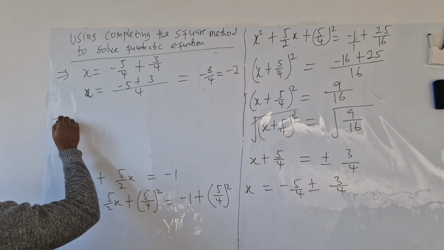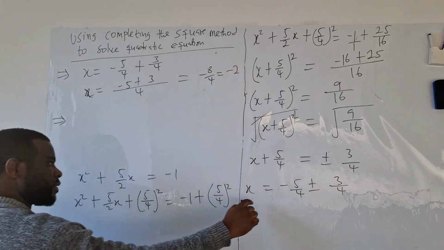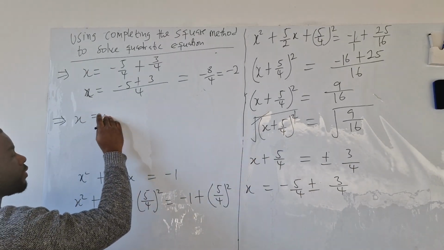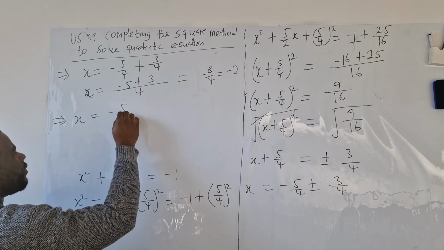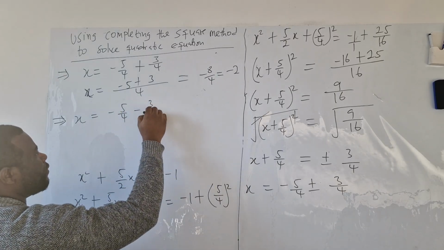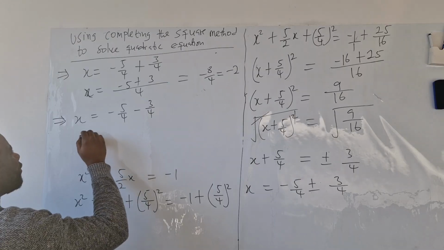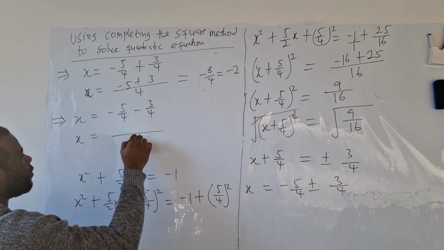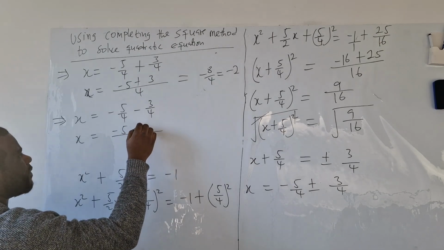The next one also implies that x is equal to minus 5 on 4 minus 3 on 4. You find the LCM here. That is 4, minus 5 minus 3.